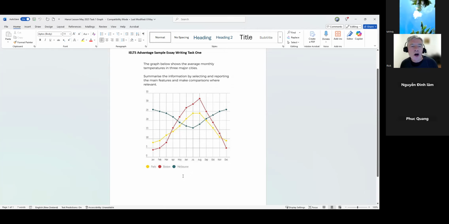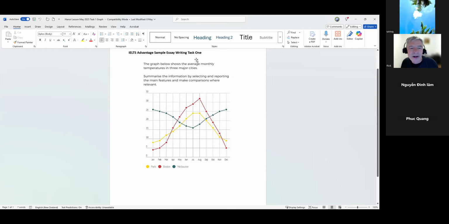Remember, when we do task one, the first thing we must do, our first paragraph or first sentence, is always a paraphrase of what the graph is about. So we need to paraphrase this.